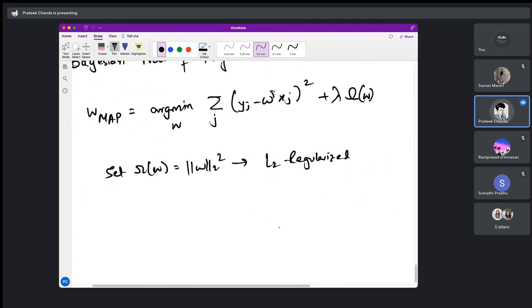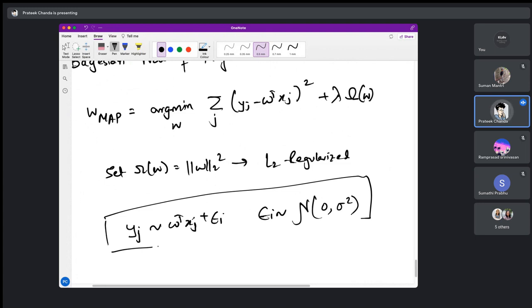If you remember, for the L2 loss we also defined a probabilistic way, which was this plus some noise, where the noise comes from a Gaussian distribution. So we provided a probabilistic viewpoint, and we are trying to combine this probabilistic viewpoint with the Bayesian view of regularization.